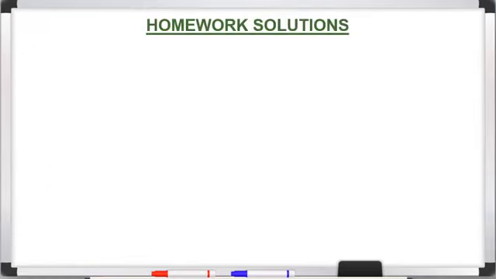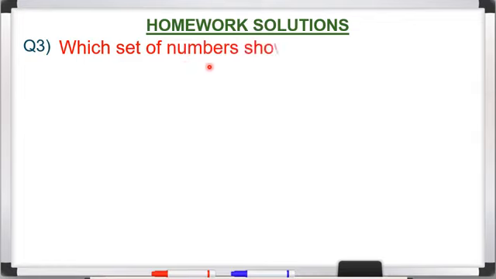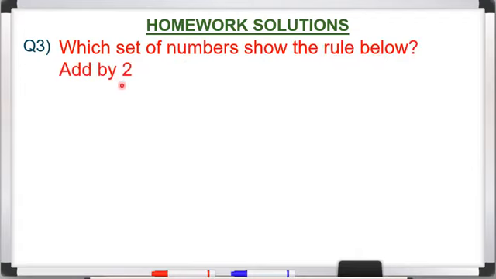Clear beta? Now in homework solutions, we will discuss question number 3. Question number 3 is beta, which set of numbers show the rule below? Add by 2. Clear beta? Option A 2, 6, 10, 14.